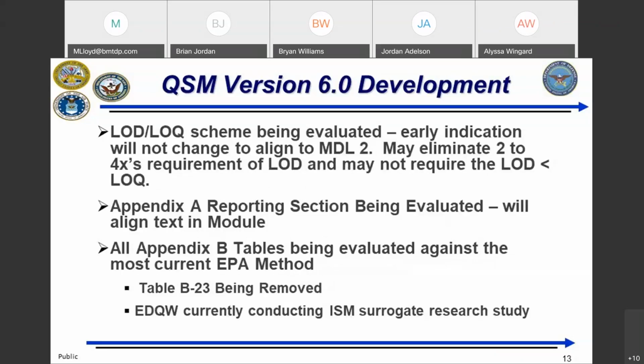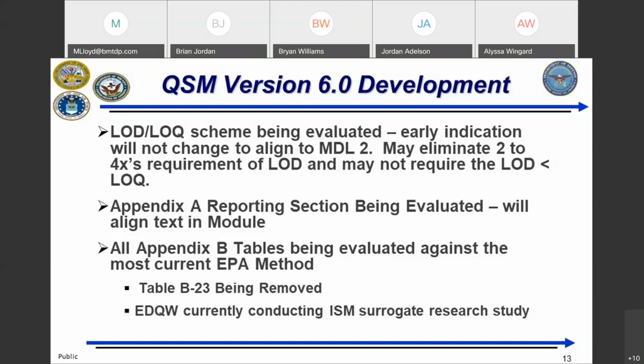So what are some of the things that we are proposing potentially to change as we move through this big revision, this big undertaking that we're doing? We are certainly evaluating the LOD-LOQ scheme. The early indication of our subgroup is it is not going to change to align to MDL2.